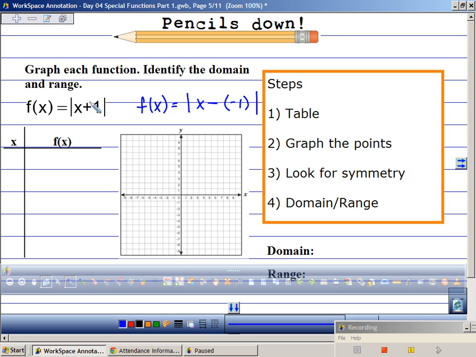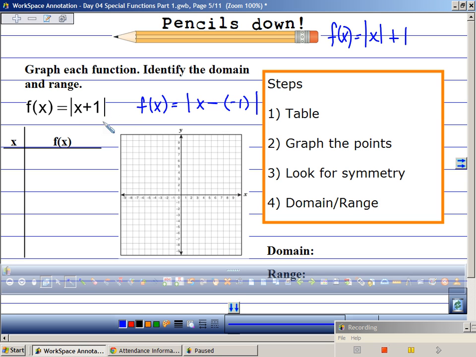Okay. So, this time, we've done this one, the absolute value of x plus 1. How would that look if it was a graph? If we graph that, what behavior would that graph have? We just did this. How would it shift? It would shift up 1. But this time, the number is inside of the absolute value.